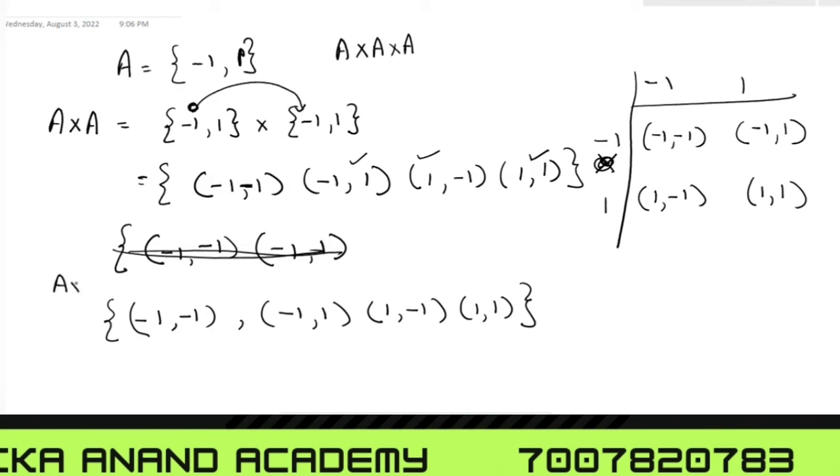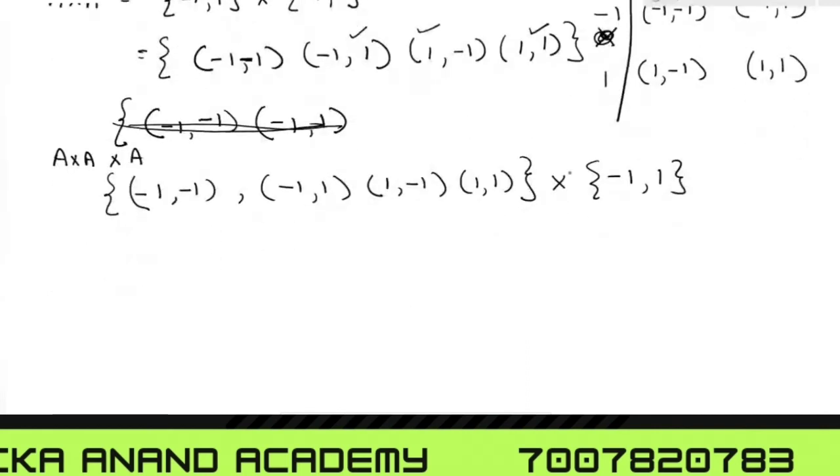Okay, Hatika. Now this is A cross A. Now A cross A again, cross minus 1 and 1. Now Hatika, be careful. Listen. I start from this minus 1 in all the ordered pairs. So it becomes minus 1, minus 1, minus 1. Now minus 1, 1, minus 1.